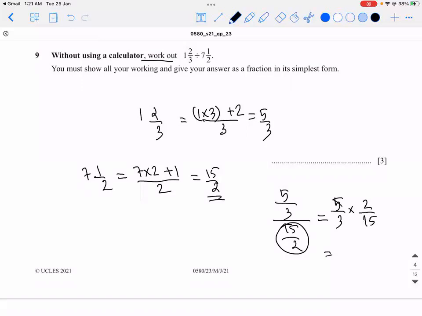So 5 and 15 get cancelled, it becomes 3. So it becomes 2 over 9. So the simplest fraction is 2 over 9. That is the answer for this question. Any clarity you needed for this? So that is the idea about this question.